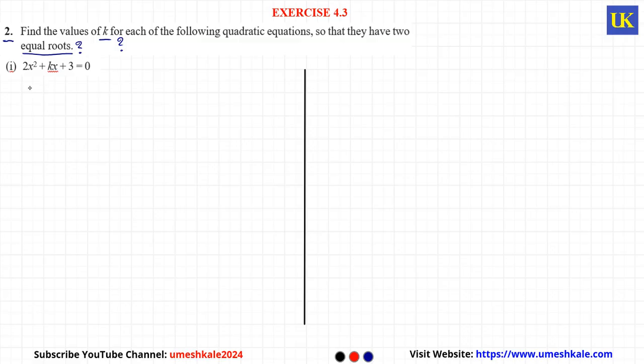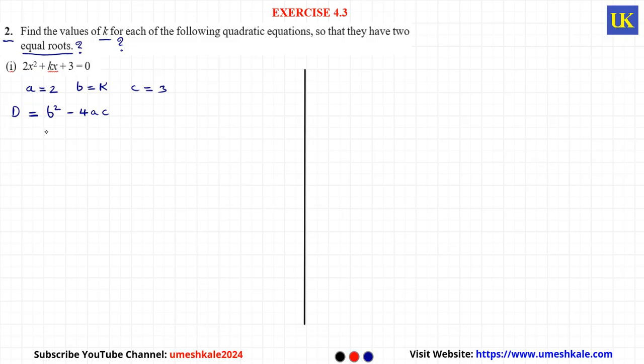So first of all, we will write the values from the equation. a is equal to 2, b is equal to k, and c is equal to 3. Now we know that to find out the nature of roots, we need to check b square minus 4ac. In the last sum we have seen this, and we name this particular part of the formula as D. So D is equal to b square minus 4ac.